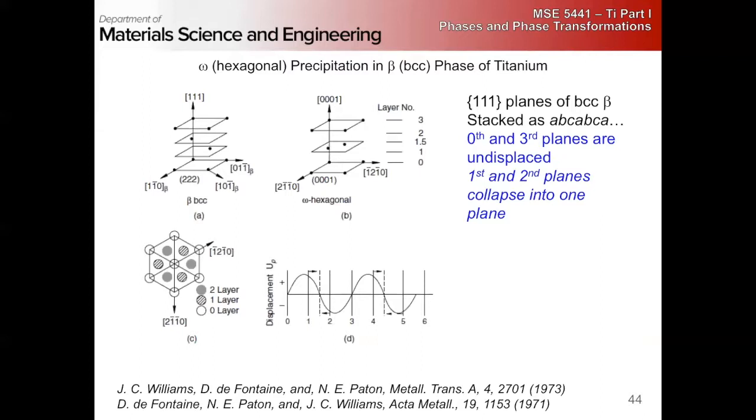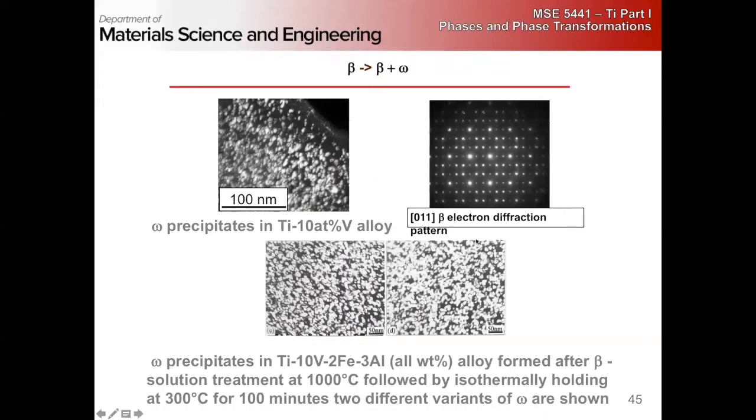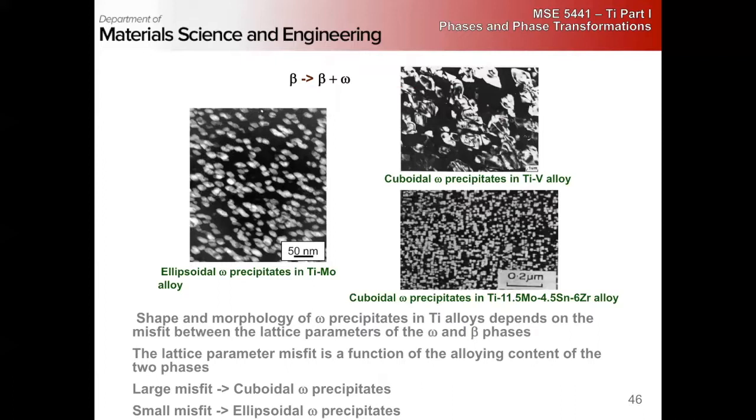I couldn't bring myself to take all of it out, but here we see omega precipitation in a titanium 10% vanadium structure. You can see these omega precipitates tend to be fairly fine precipitates, with lots of TEM images.